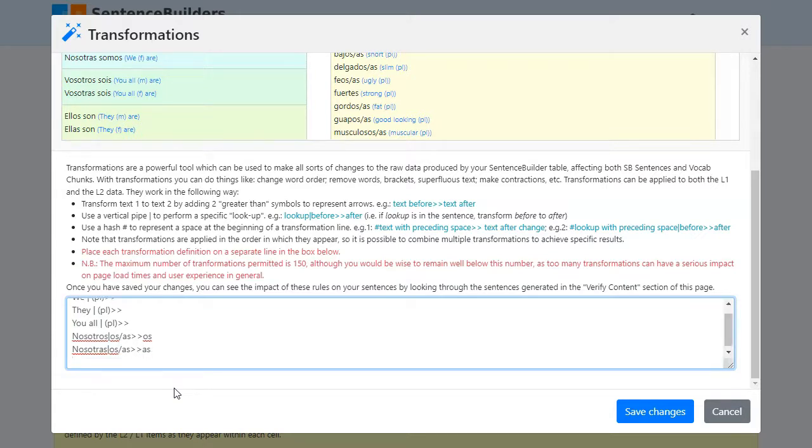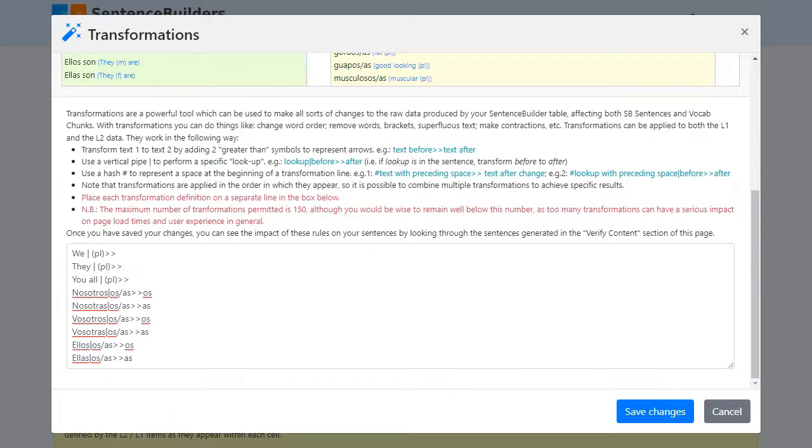Okay, and we do the same with the rest of the pronouns. So now we've added those lookups and transformations to all of the plural subject pronouns. So with the masculine form, we change the os, as to os. With the feminine form, we change the os, as to as. And so on for vosotros, vosotras, ellos, ellas.